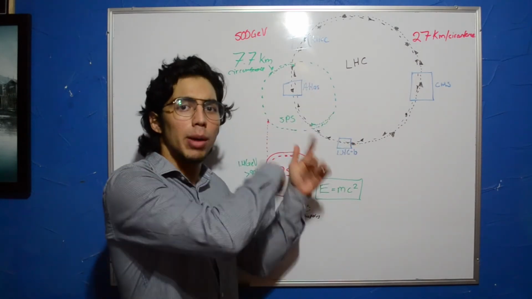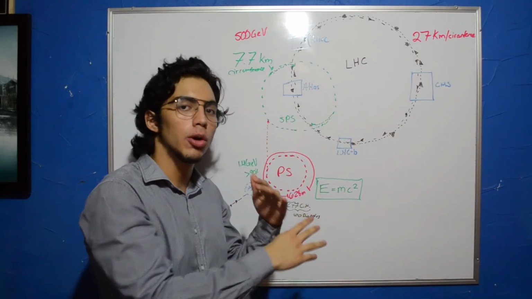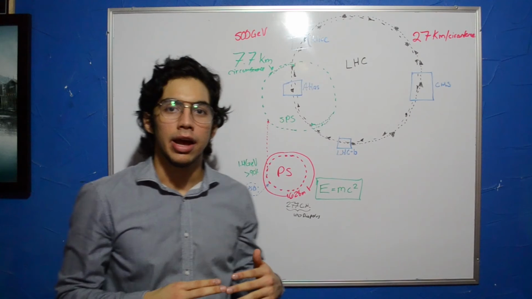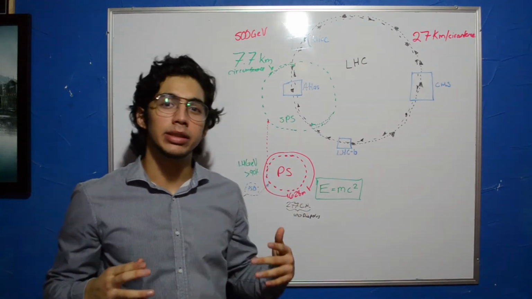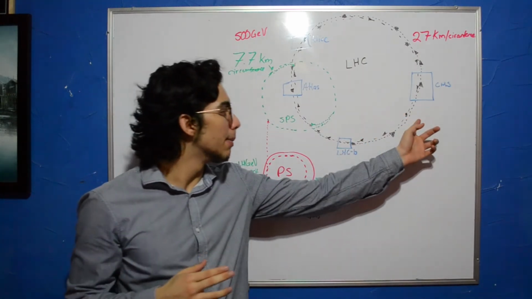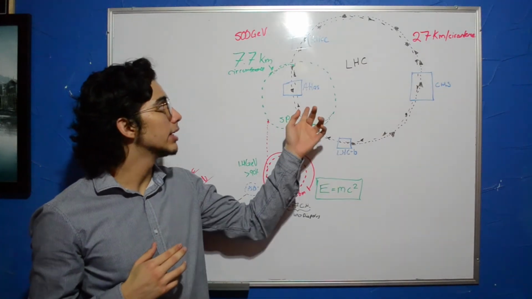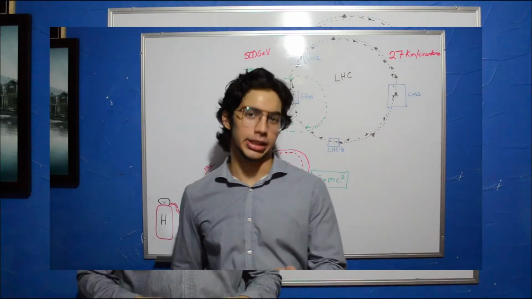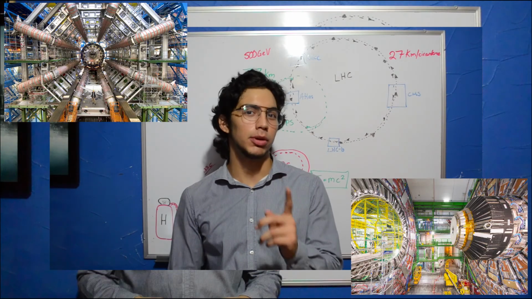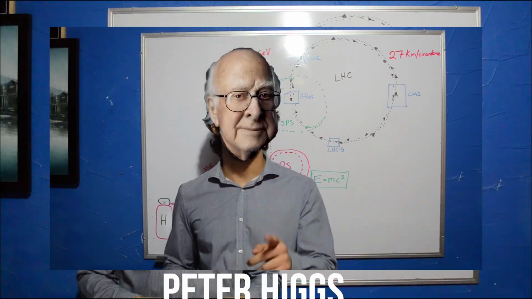So when they are traveling, they will eventually cross over at specific points, and at these points some experiments take place, like CMS, LHCb, ATLAS and ALICE. And yes, ATLAS and CMS are responsible for spotting the Higgs boson back in 2013.